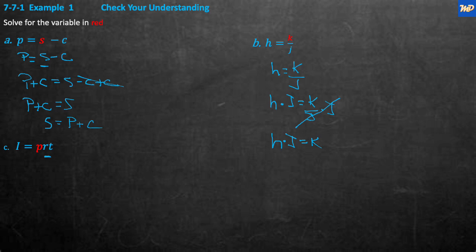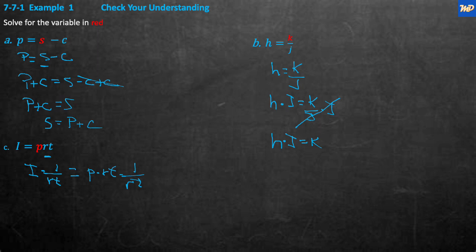So what are we going to do? We're going to multiply by the inverse of RT, I times 1 over RT. We're going to do them both at the same time, is equal to P times RT times 1 over RT.